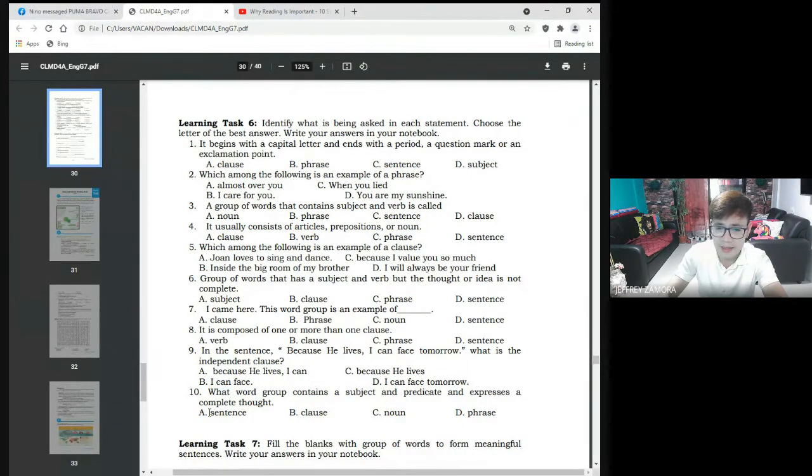What about with the last number, number 10? I'm going to call number 10, Heron. Heron, number 10, please. Heron, late ka na nga. Late ka pa umano. Mag-response. Heron, are you there?